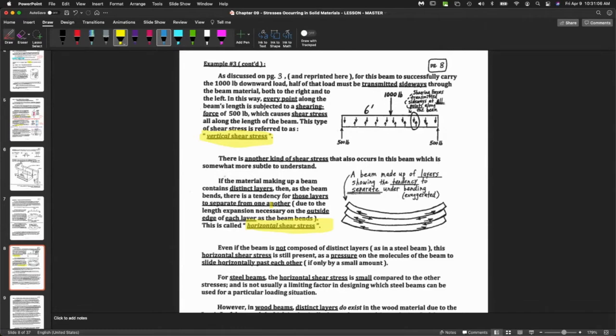No. So what you've done with your hands is demonstrated the concept of vertical shear stress. By changing the amount of pressure as you rub, you altered how much vertical shear stress you are imparting on your hands.